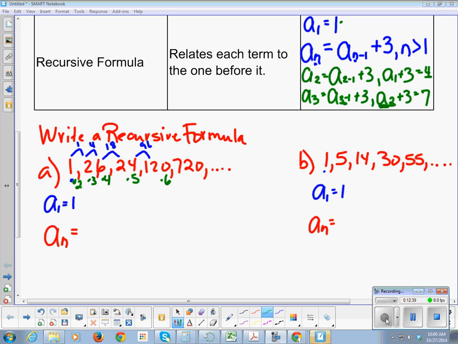So what we're doing each time is we're taking the term that we're on, because if you look, after the first one, I'm on term 2. So I multiply by 2.